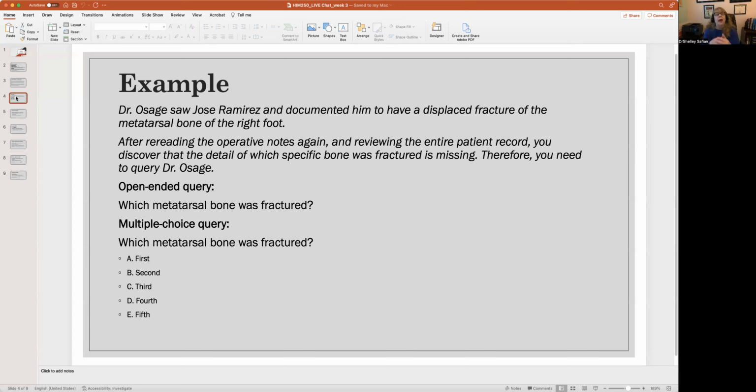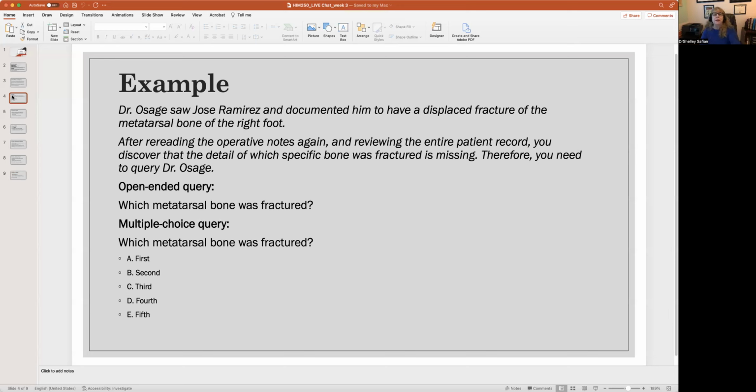Okay, so as you are going through the documentation and you are taking your notes on your scratch paper so that you can accurately report these diagnoses and these procedures, whether inpatient or outpatient, it does not matter. You cannot assume, you cannot fill in your own knowledge.